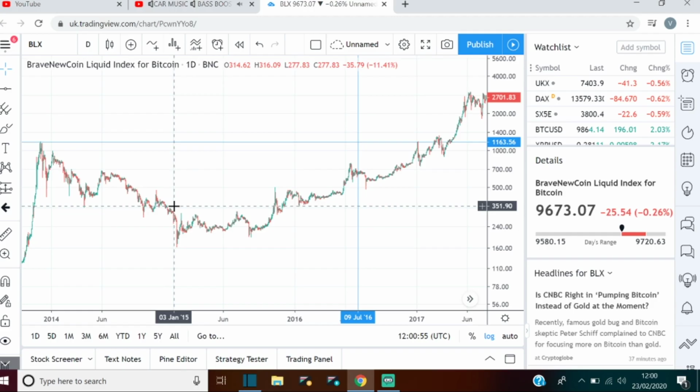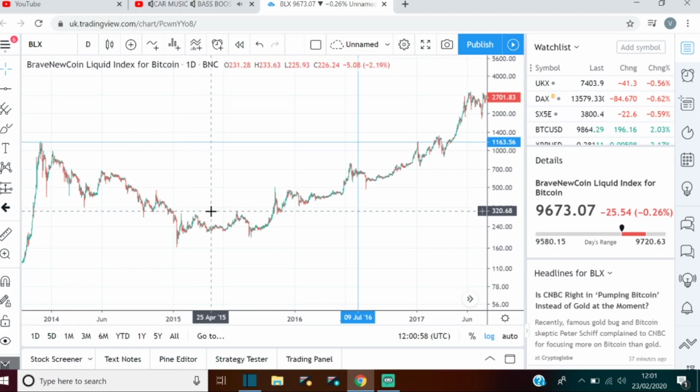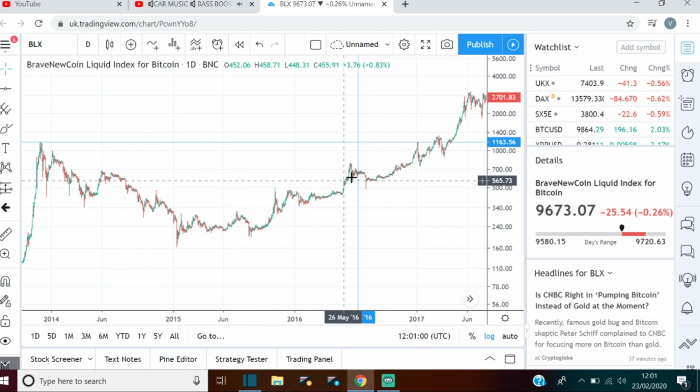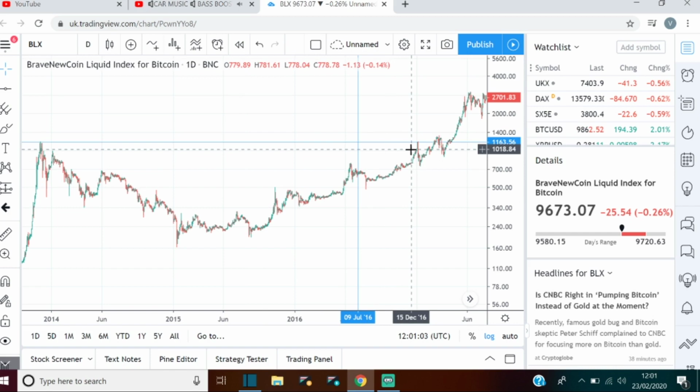When we look at the first halving, we can see that the price rallied for over a year and then broke the old all-time highs, and after that formed new all-time highs. When we look at the second halving, we can see the exact same thing occurring again. The halving happens, the price gradually starts going up, then it breaks all-time highs and sets new records. And I believe the same thing will happen in this halving, only slightly longer.